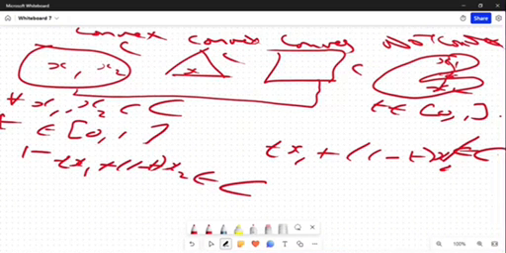All these cases are convex. Why is this one not?